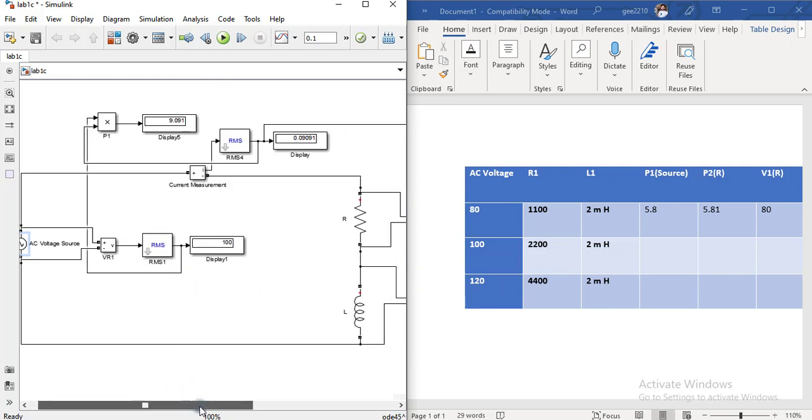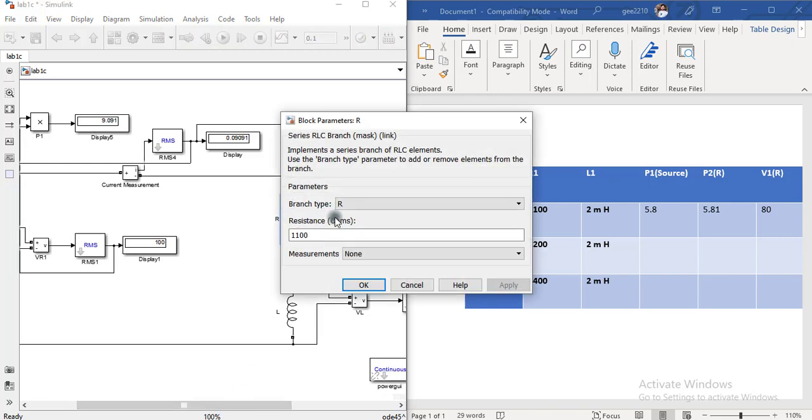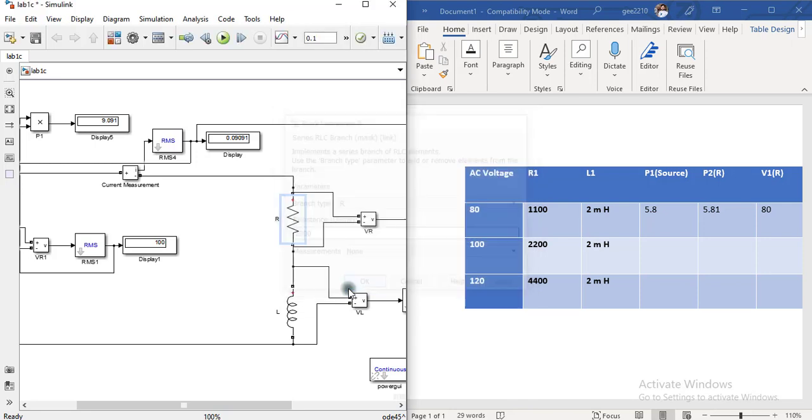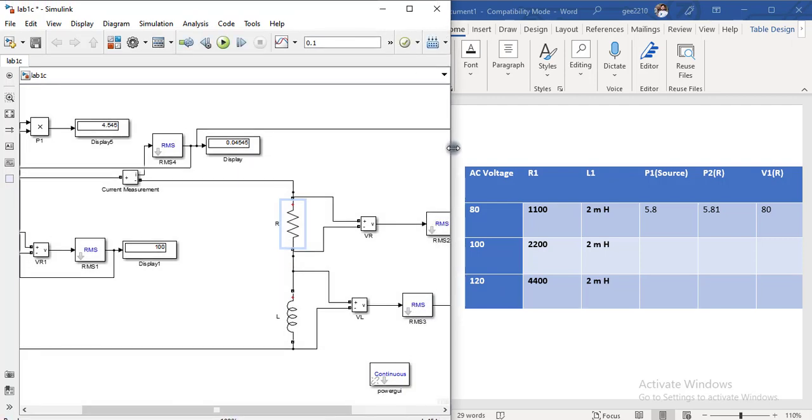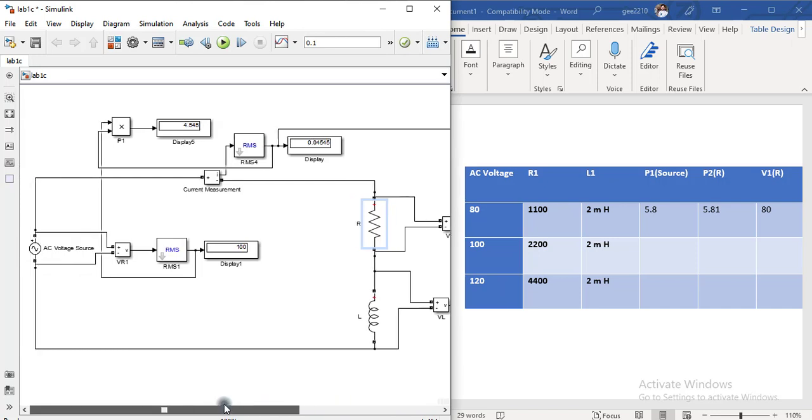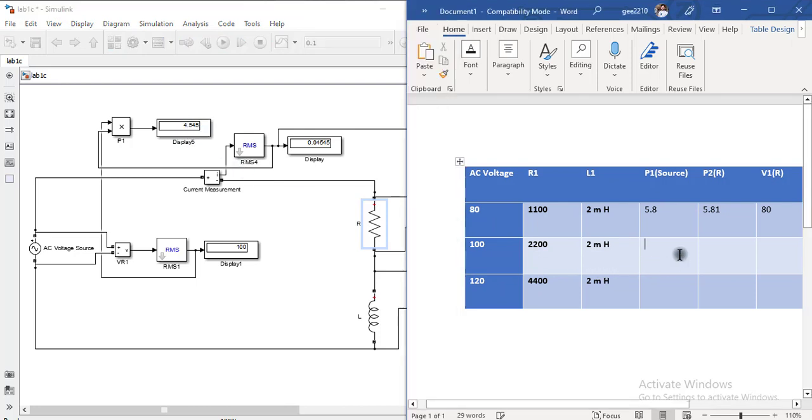So go to the resistance and change it to 2200. Now let's run it again. Now what is the source power? Source power is 4.5 watts.